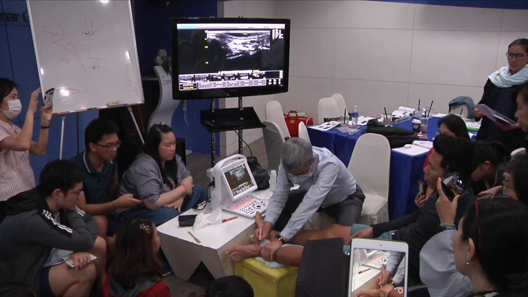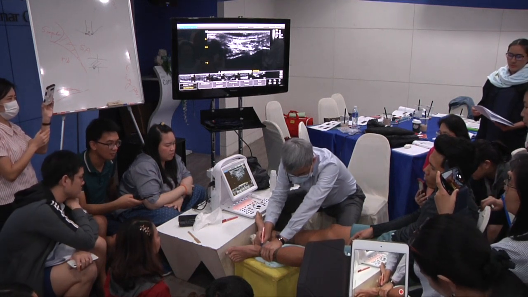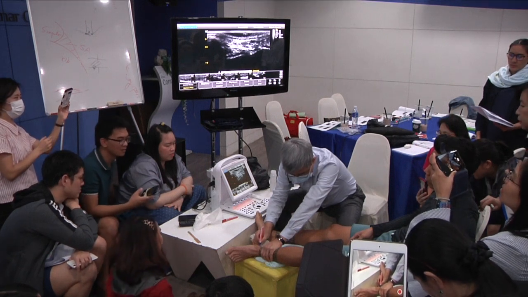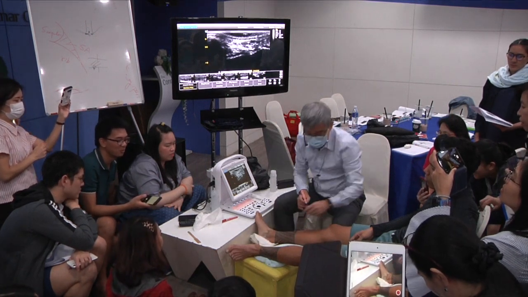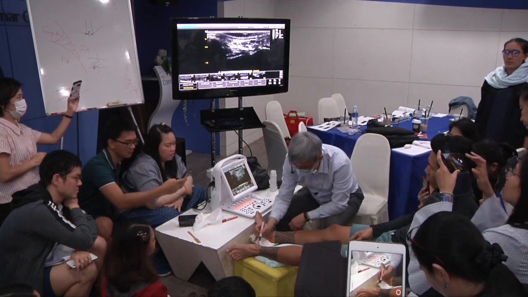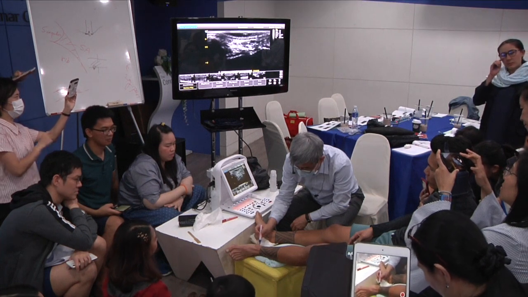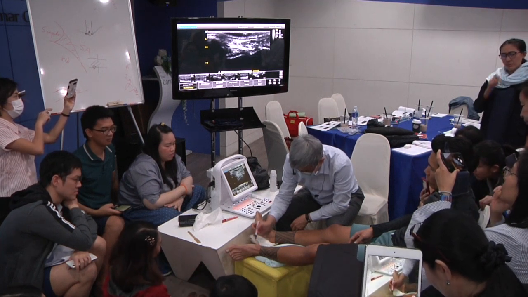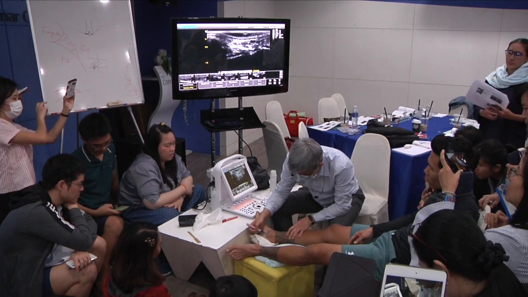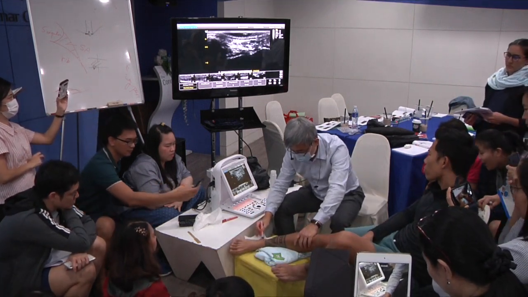Tibialis posterior, extensor digitorum, artery, nerve, flexor hallucis tendons, right? Okay, 1, 2, 3, 4. 1, 2, 3, 4. Yes. 5, 6, 7, 8, 9, 10, 11, 12.